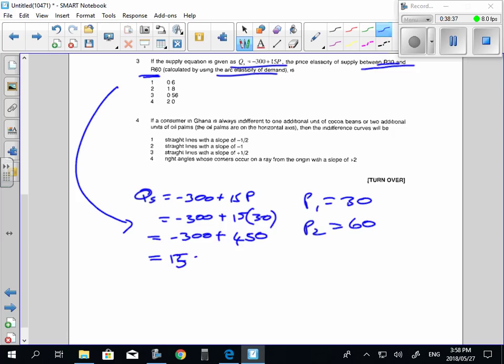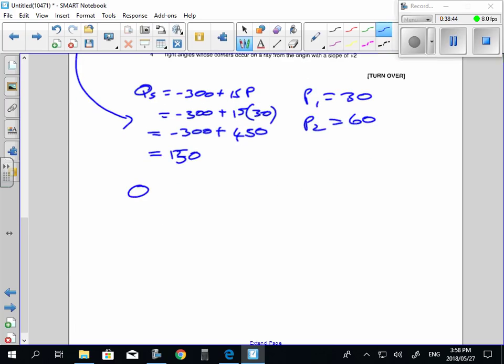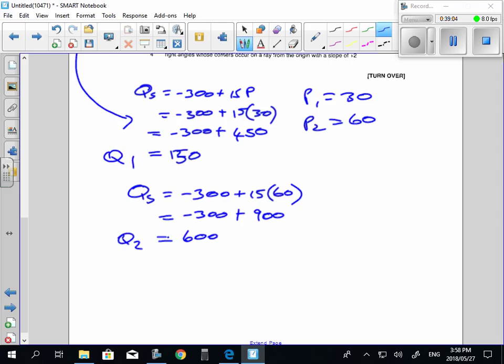So you get a quantity of 150. Right, for your second price, right. So Q2 is equal to 600, Q1 is equal to 150, P1 30, P2 60.